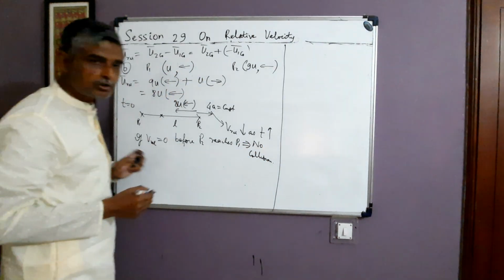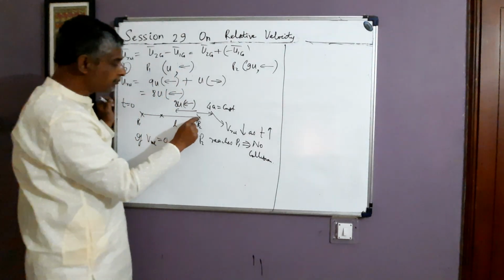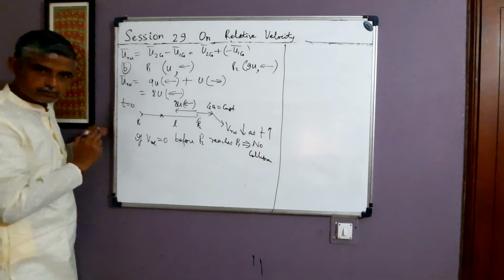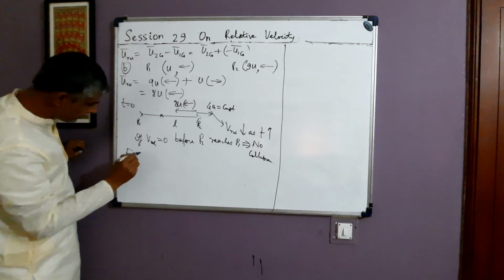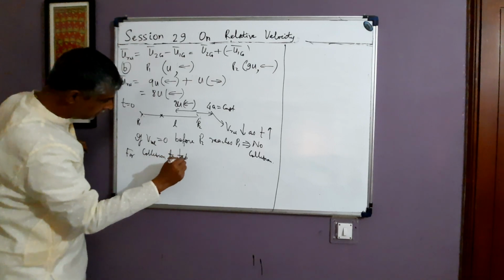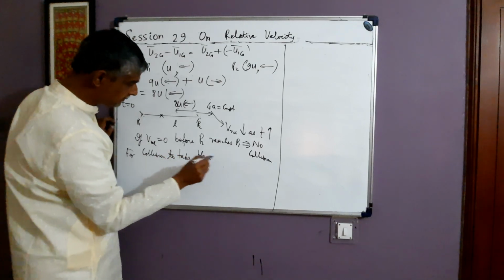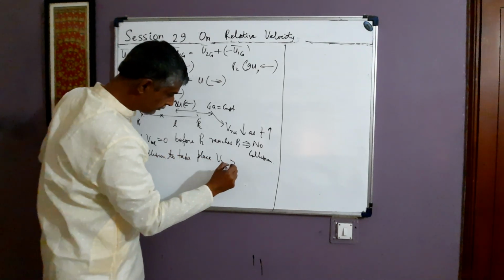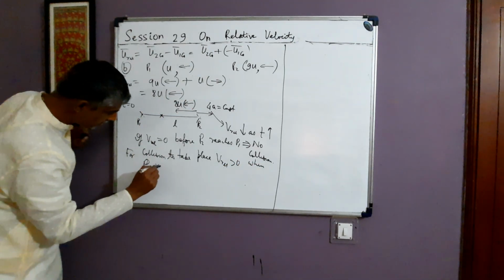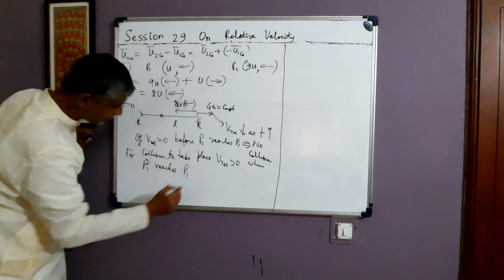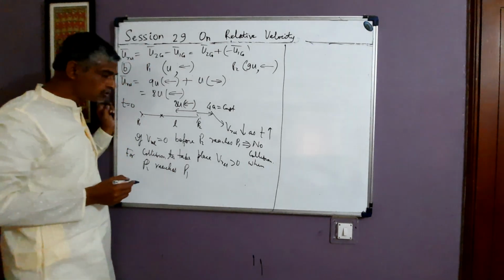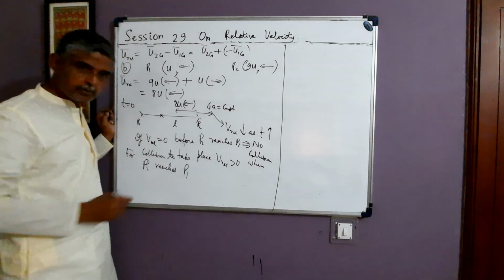So this means for collision to take place, the relative speed of P2 with respect to P1, that is V relative, should be non-zero when P2 reaches here. So for collision to take place, V relative should be more than 0 when P2 reaches P1.